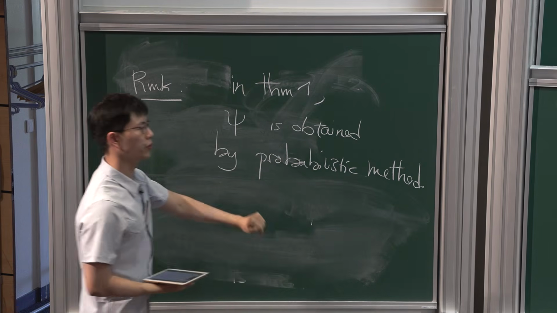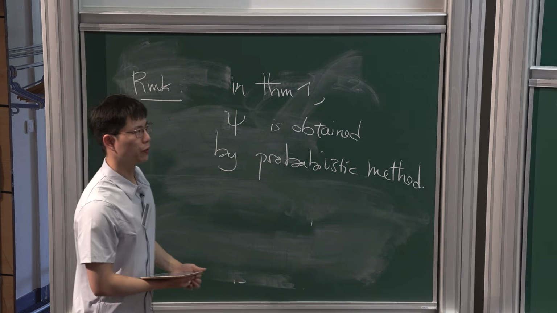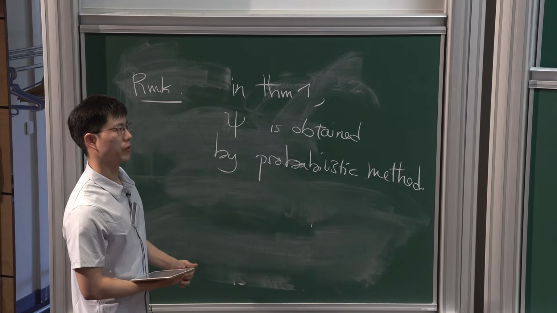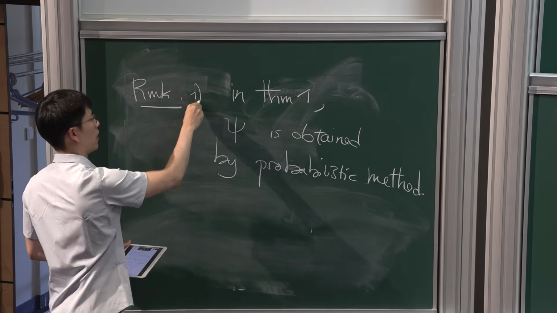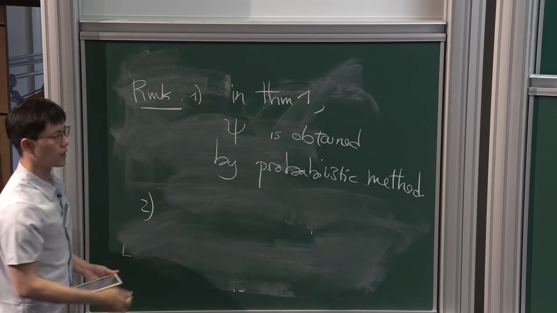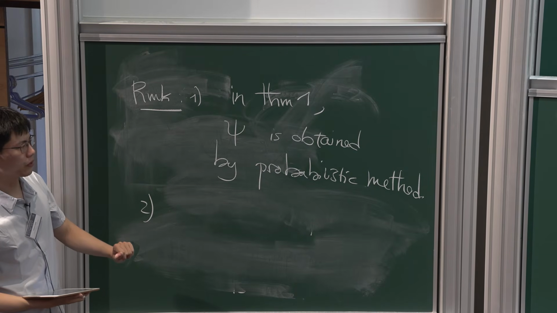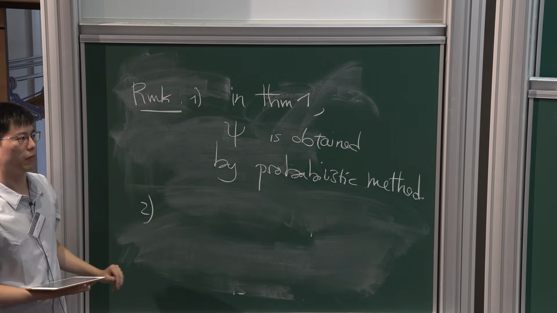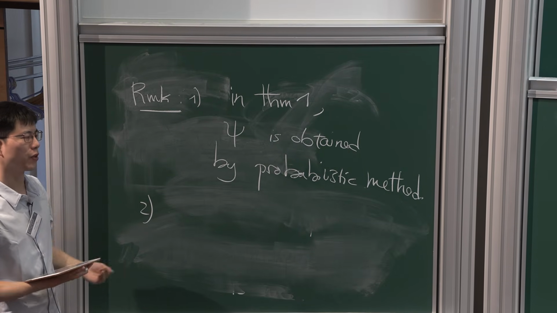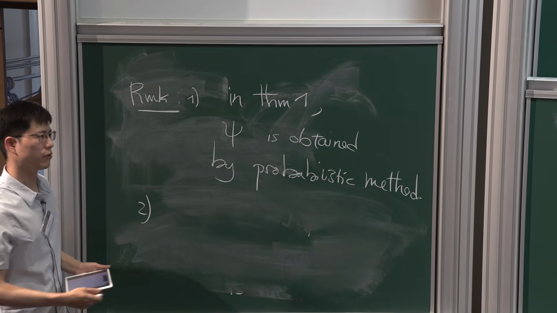And so this has to do with the fact that in the proof, we're really going to use random matrix theory. Okay, so that's the first remark. And the second remark is that, at least in the setting of the main result, all the maps are going to look like that with very high probability. So in that sense, it's going to be a probabilistic rigidity result.